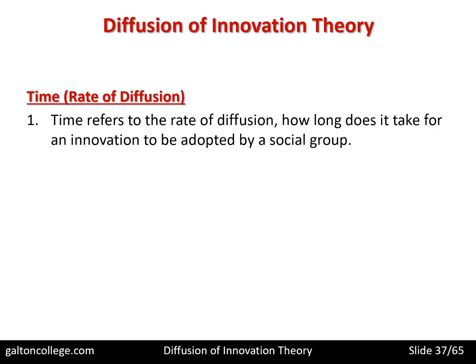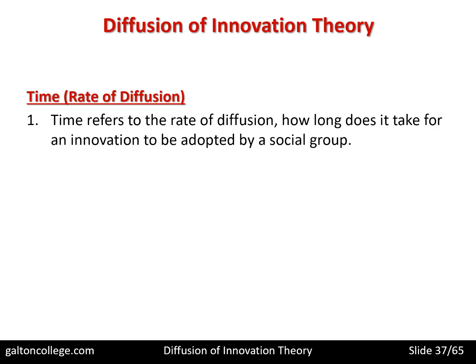How long did it take for mobile phones, as they were, to become established in society? How long does it take for a particular innovation in television to become adopted? Or perhaps a new way of recording music or voice, a new type of sound file. How long would it take for that to become established?